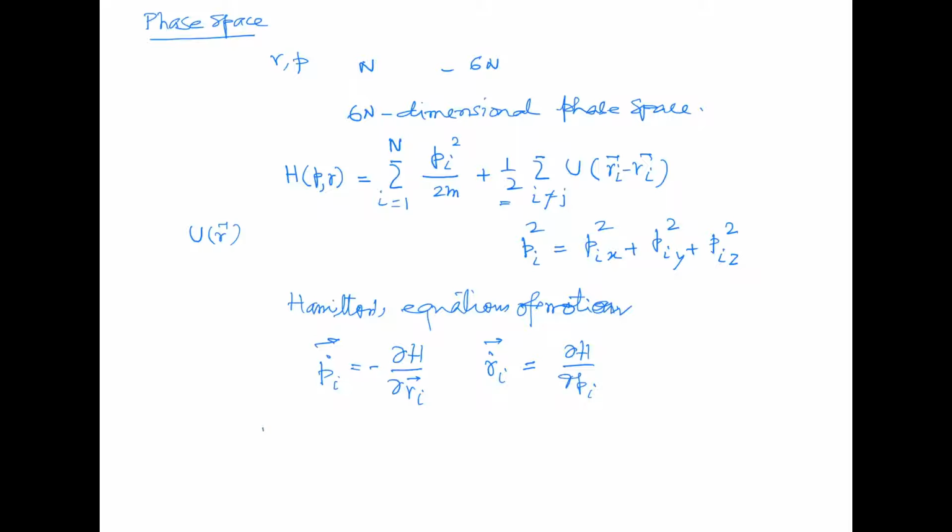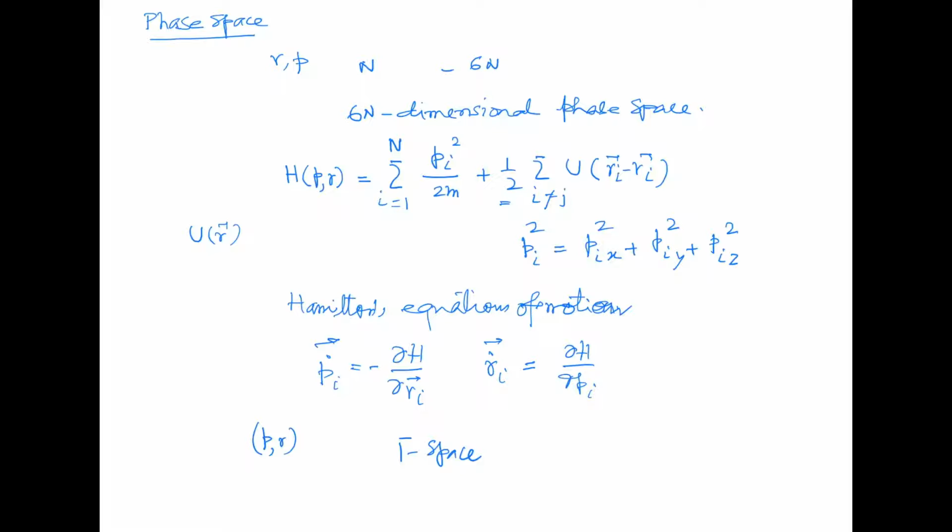The shorthand {p, r} denotes all the coordinates and momenta. The set of coordinates and momenta is denoted by this bracket {p, r}. Now this 6N dimensional space spanned by {p, r} is called gamma space.